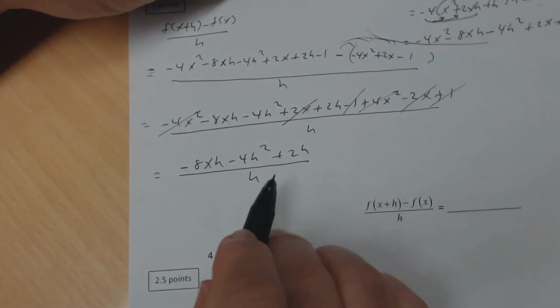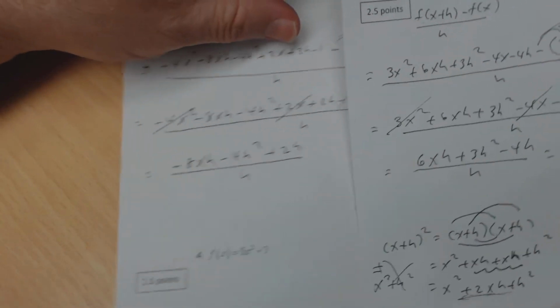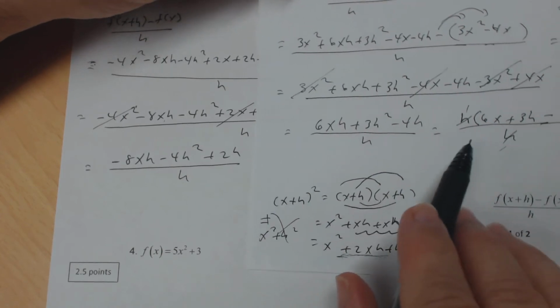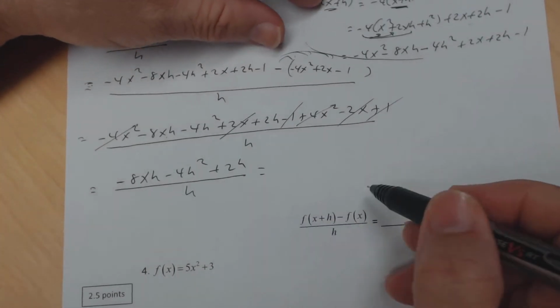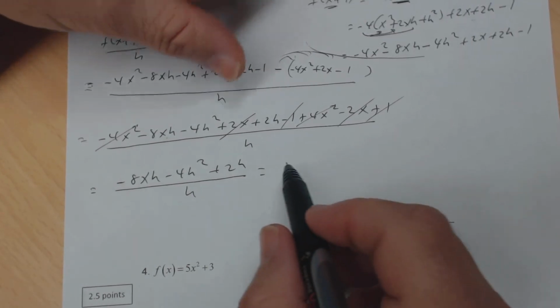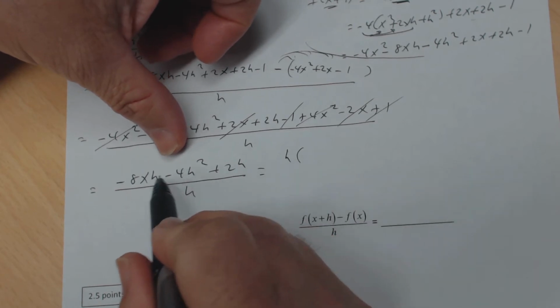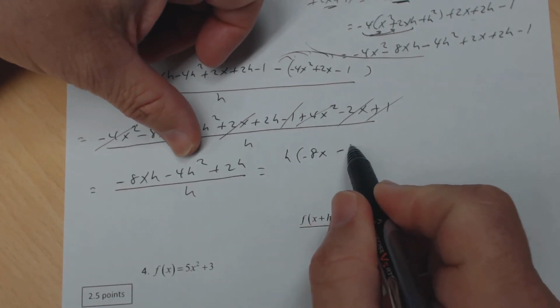And at this point, I'm going to factor out an h just like I did here. They're all going to look almost identical, those quadratic functions. See? Almost look identical. So you take out an h. When I say look, I mean the process. Okay, so you're going to factor out an h, you get h times negative 8x minus 4h.